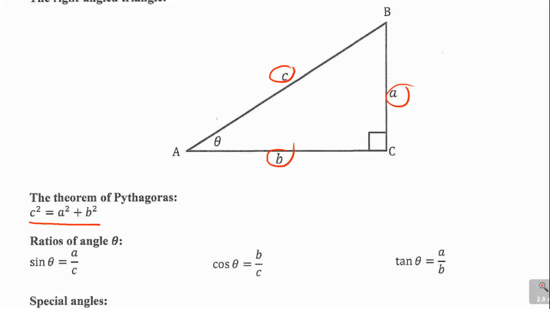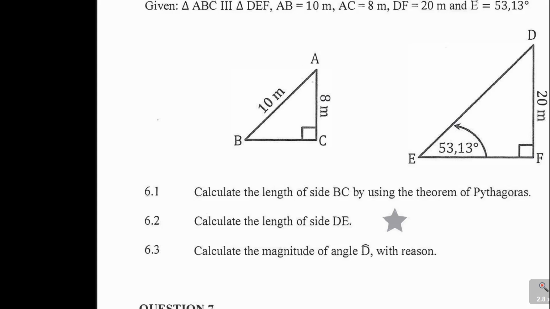This A is the smaller a, that C is the smaller c, that B is the smaller b. But this can actually confuse.